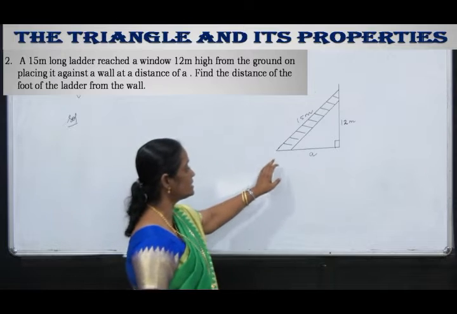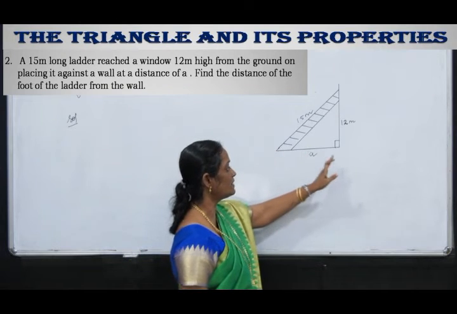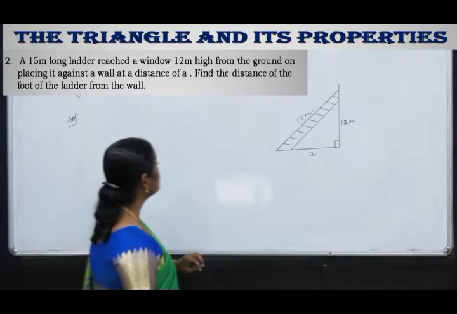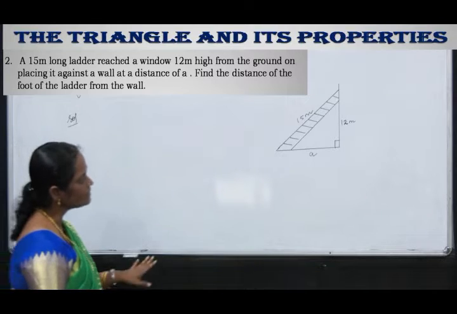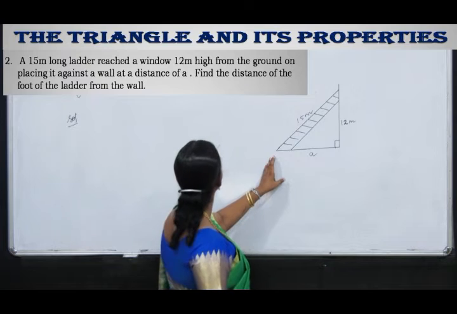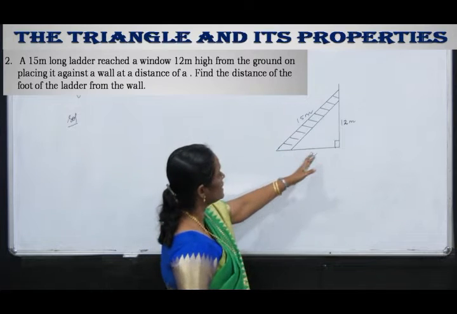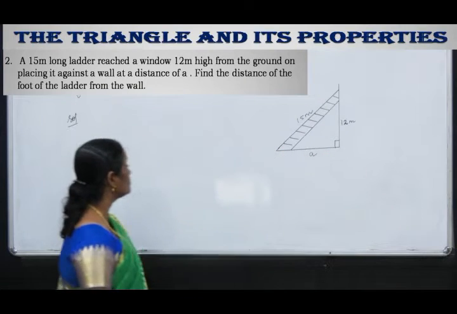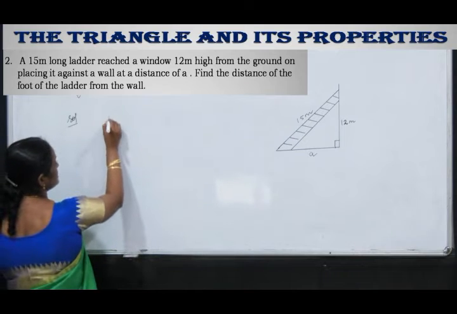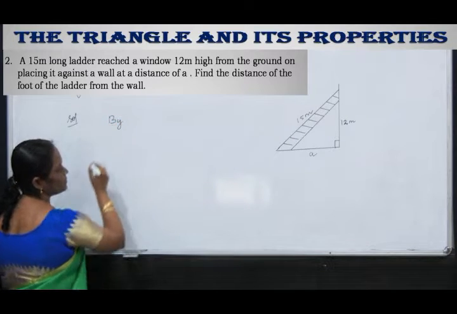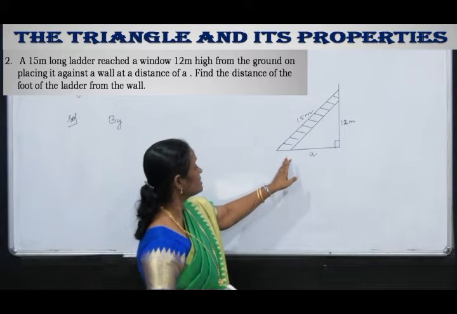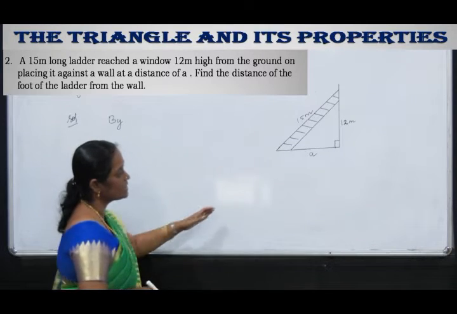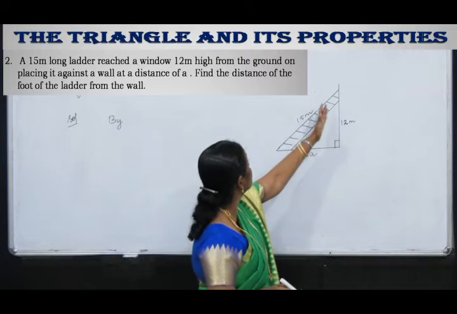We have to find the distance of the foot of the ladder from the wall. To find this distance, we will apply Pythagoras property, because the ladder is forming a right angle triangle with the wall.